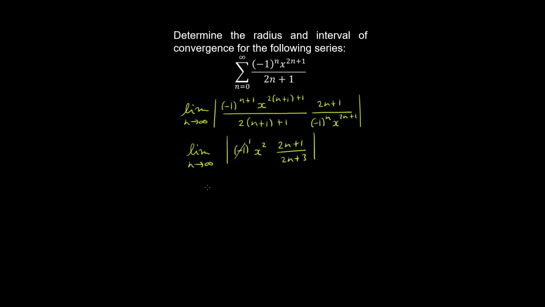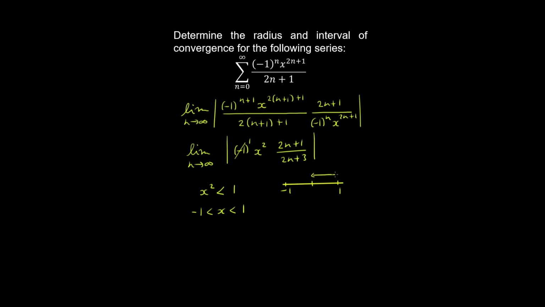And the absolute value of x squared is just x squared, so we can take that out of the limit. And then the limit's going to evaluate to 1. So for the series to converge, x squared must be less than 1, which is the same thing as minus 1 less than x less than 1.